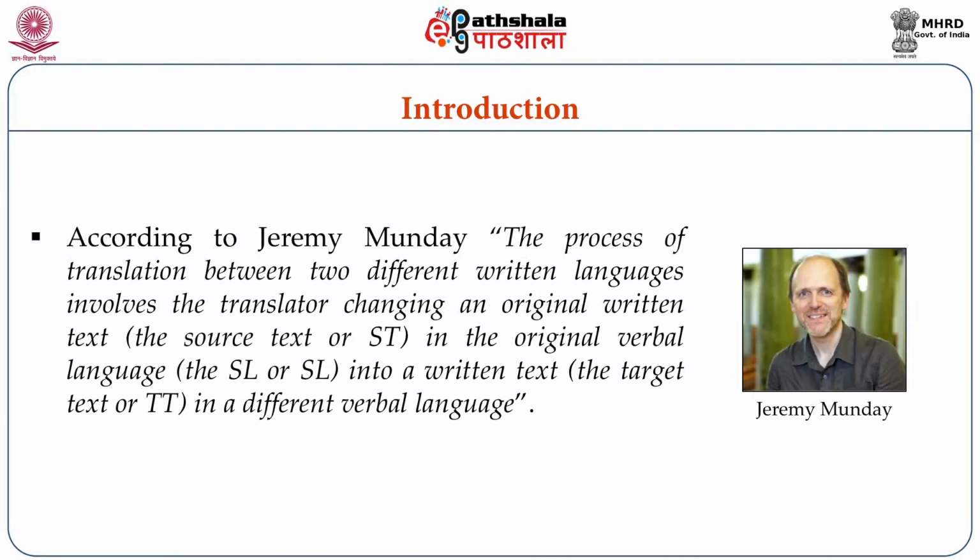According to Jeremy Munday, I quote, "The process of translation between two different written languages involves the translator changing an original written text, the source text, or ST, in the original verbal language, the source language or SL, into a written text, the target text or TT, in a different verbal language, the target language or TL."